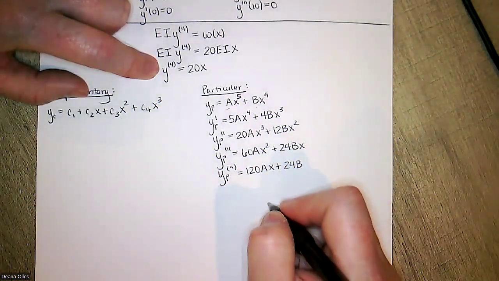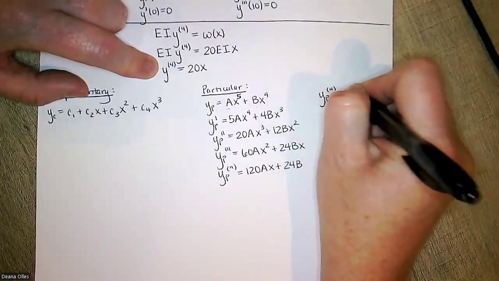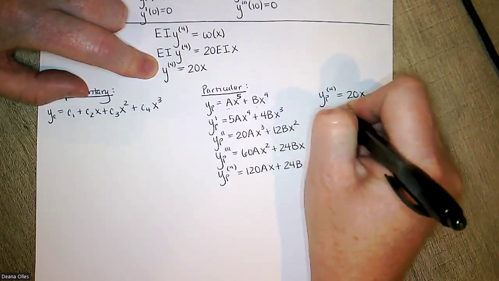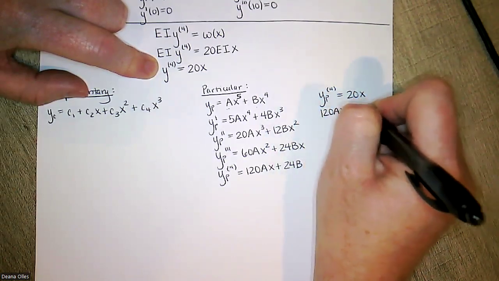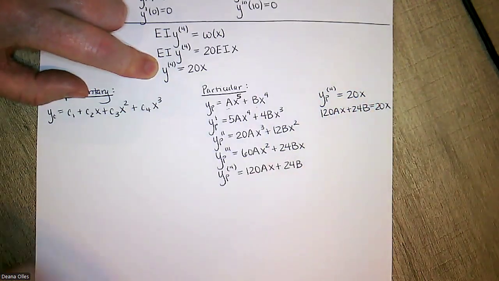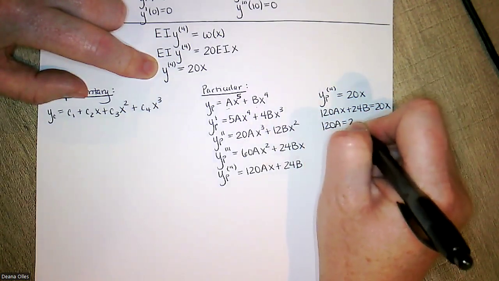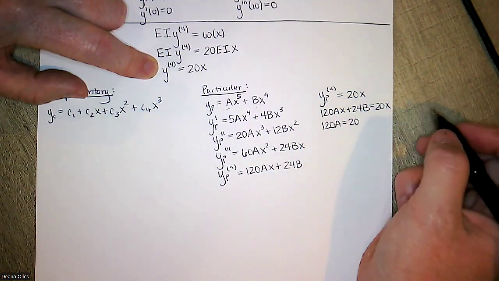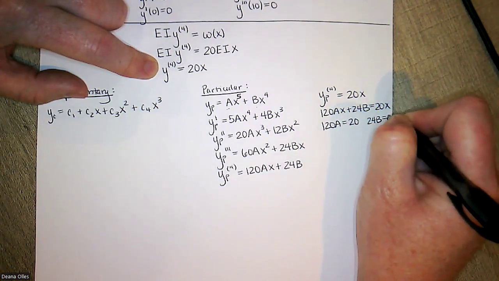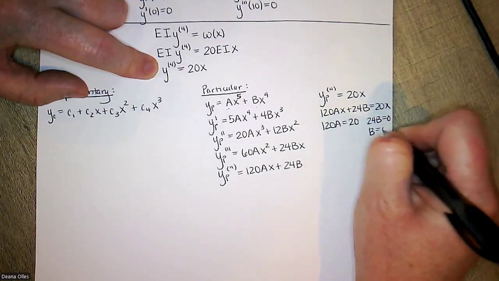And that fourth derivative of y is supposed to be equal to 20x. So 120ax plus 24b should be 20x. Your coefficient of x on the left is 120a, so that should be 20. And the constant on the left is 24b, but there are no constants on the right, so that should be 0, which means b is 0.